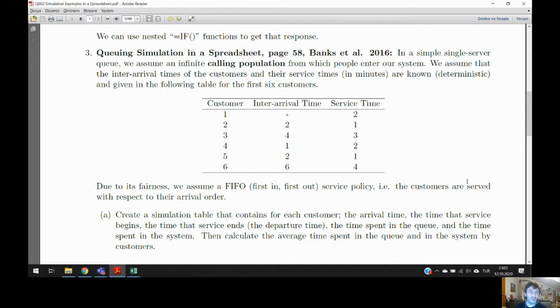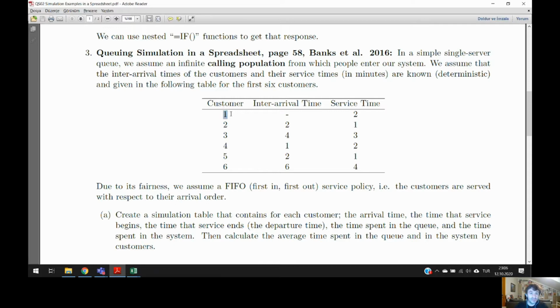So calling population is infinite. Calling population means the potential customers that can enter into that system. So we assume that the inter-arrival times of the customers and their service times are known, deterministic, and the service times are in minutes. And inter-arrival times are also in minutes.